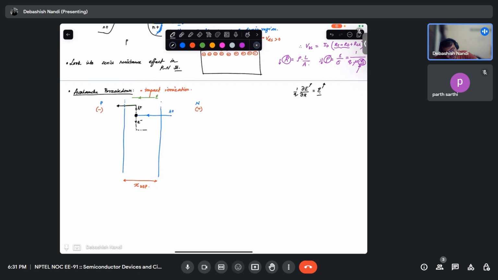The electron will try to move in this direction, and let's say it finds another target and creates another hole and electron pair. This electron will be swept away to the n side, and this hole will try to move here and create another collision. Again, this method will be repeated.